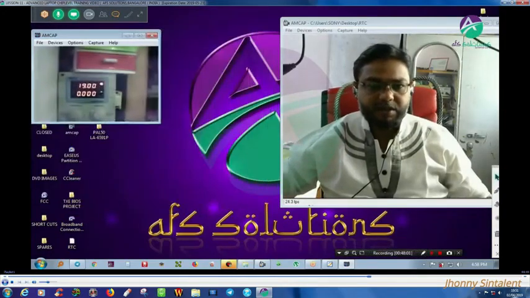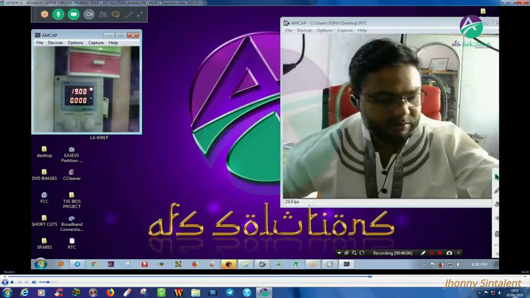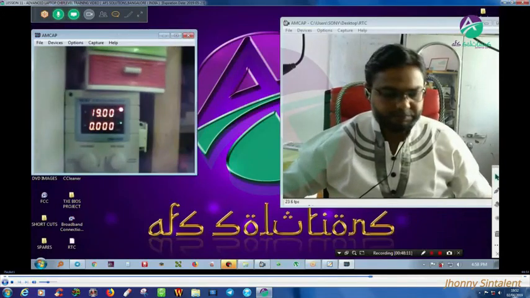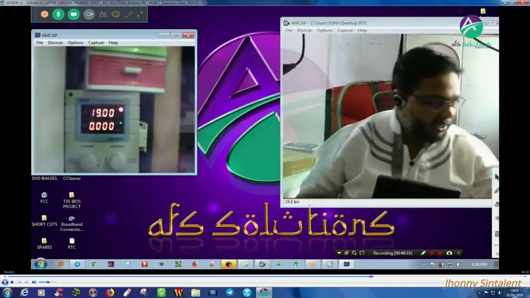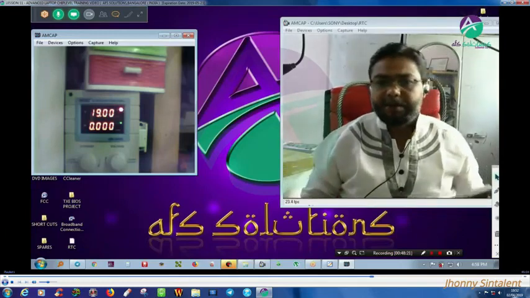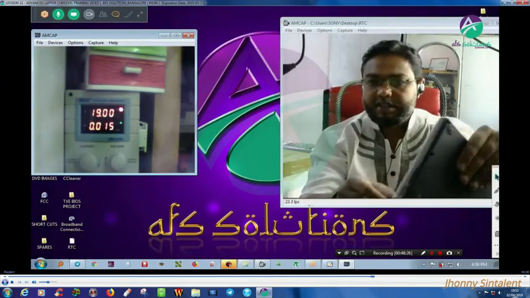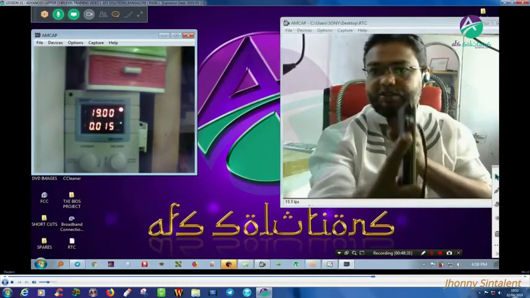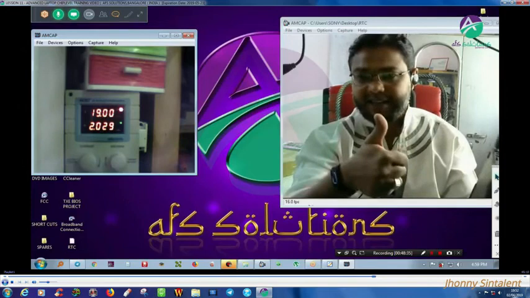So you can see the DC power supply here also on my left corner. I have given a reading also. Let me connect my DC power supply with the laptop. You can see one red light is glowing here, and the battery is charging.